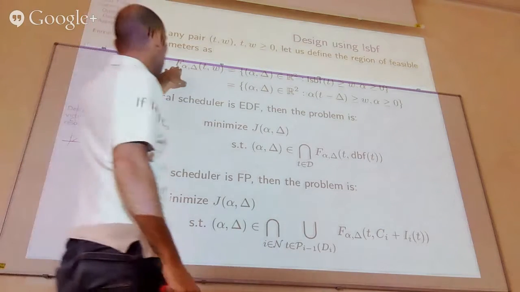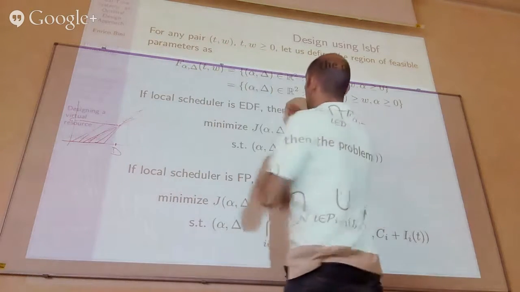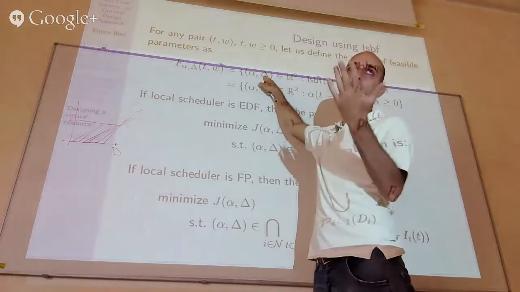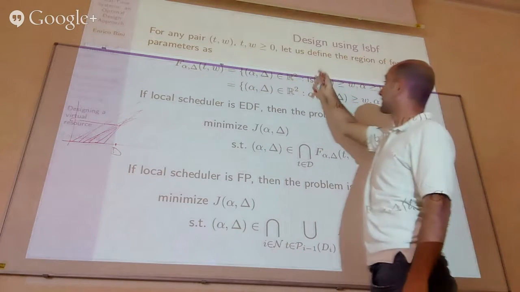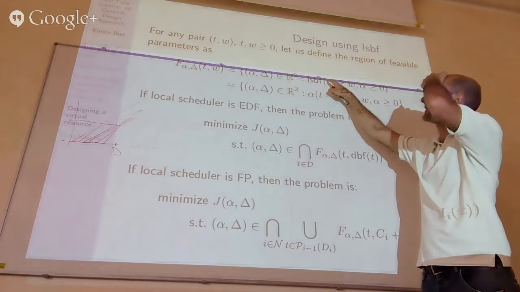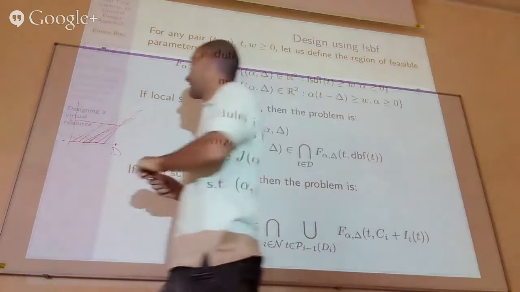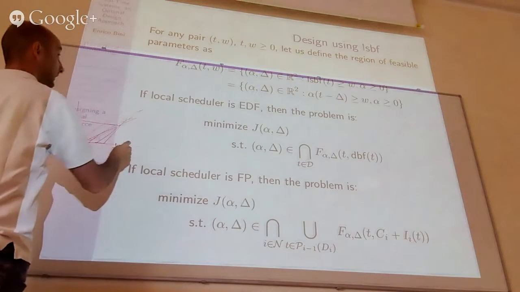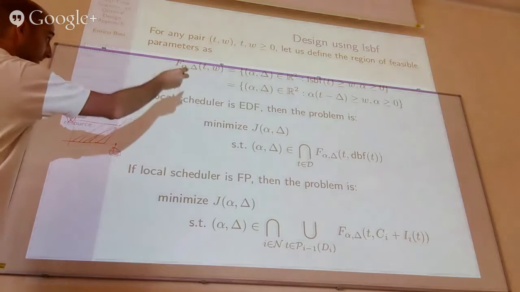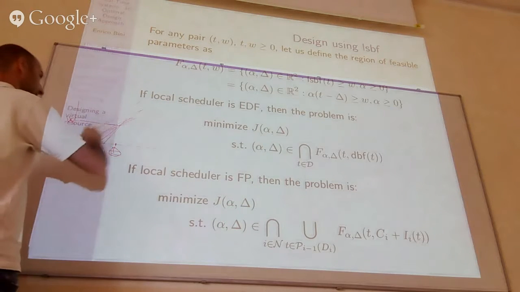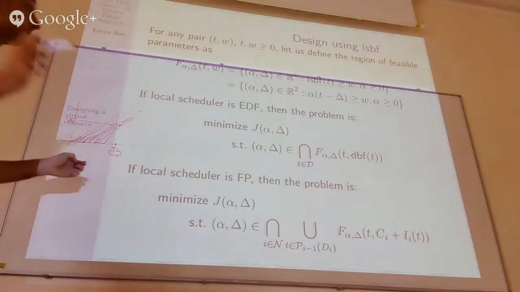I define f of alpha delta, which is a sub-region in the alpha delta domain, function of t and w, the region of all the alpha delta such that the linear lower bound function at D is greater or equal than W. So this point is T and this is W. F of alpha delta T W is the set of all alpha and delta such that their line is above or at this point. Very simple.